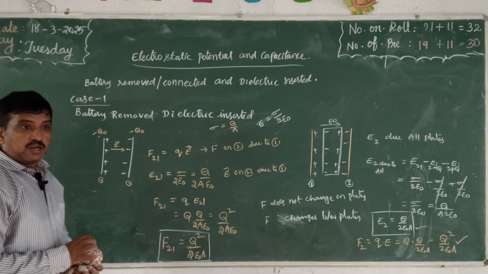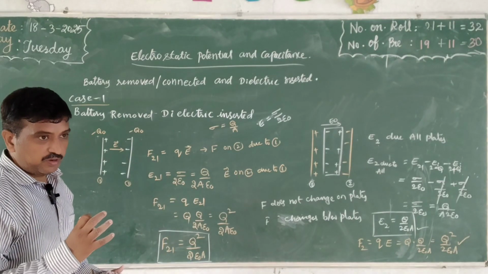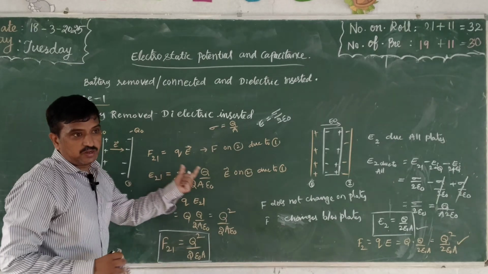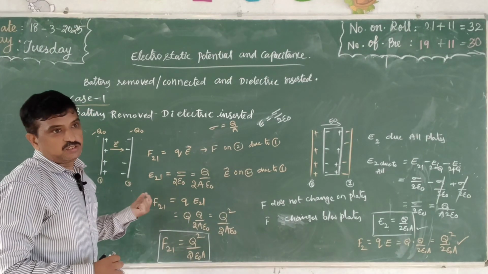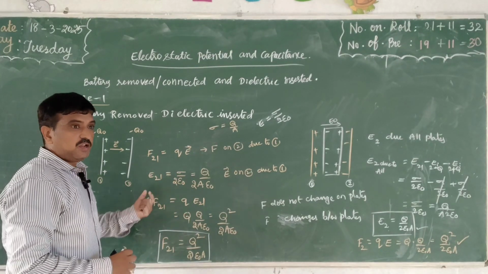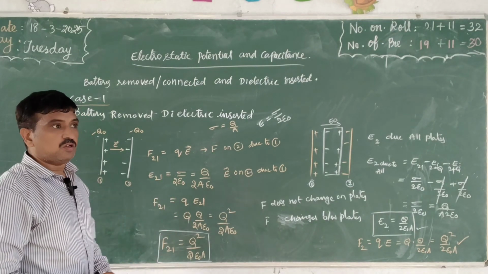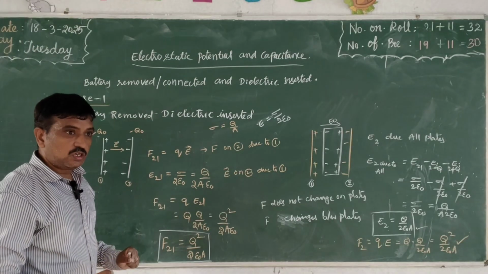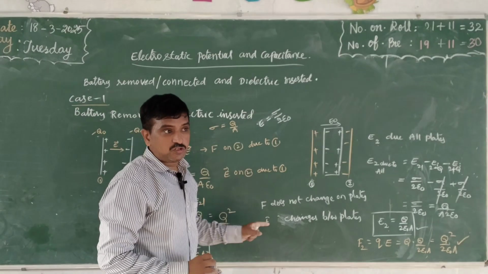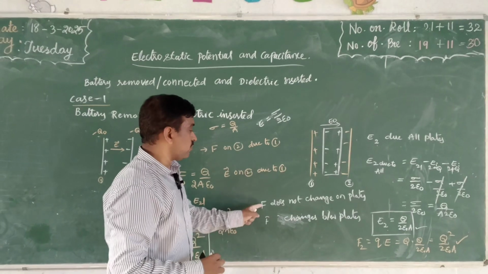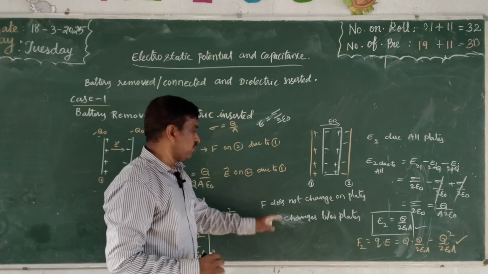When the dielectric is inserted between the plates and the battery is removed, capacitance increases by k times, potential decreases by k times, electric field decreases by k times, potential energy decreases by k times, charge is constant, and force is also constant. Force changes between the plates, but the force on the plates does not change.